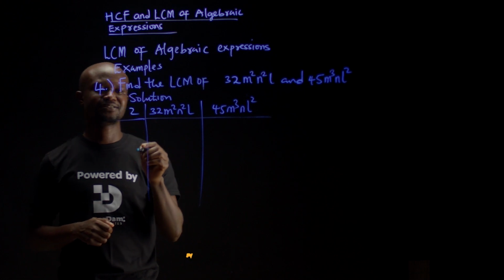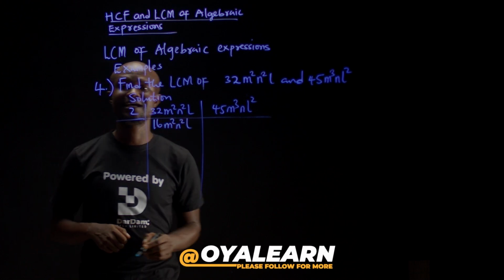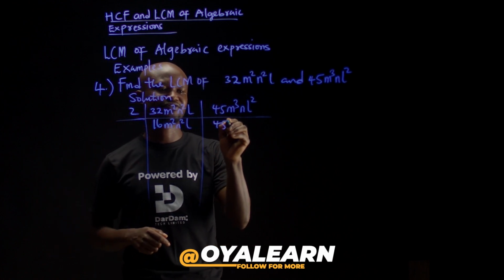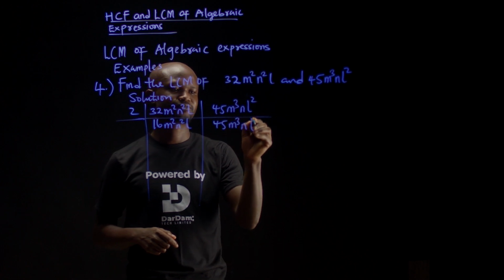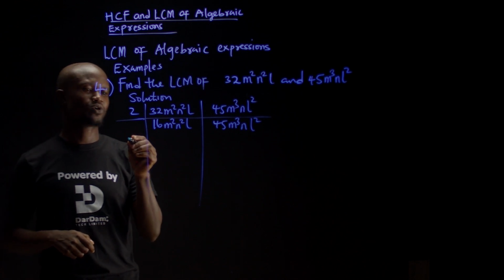32 divided by 2, we have 16m²n²L. Dividing, 2 will not divide the other, so we still have 45. Let's use 2 again. We have 8m²n²L, and 45m³nL².